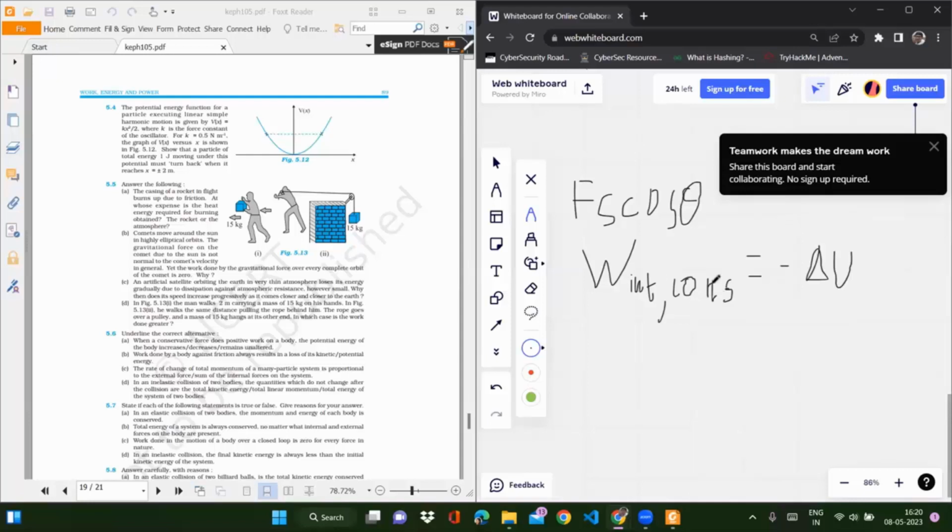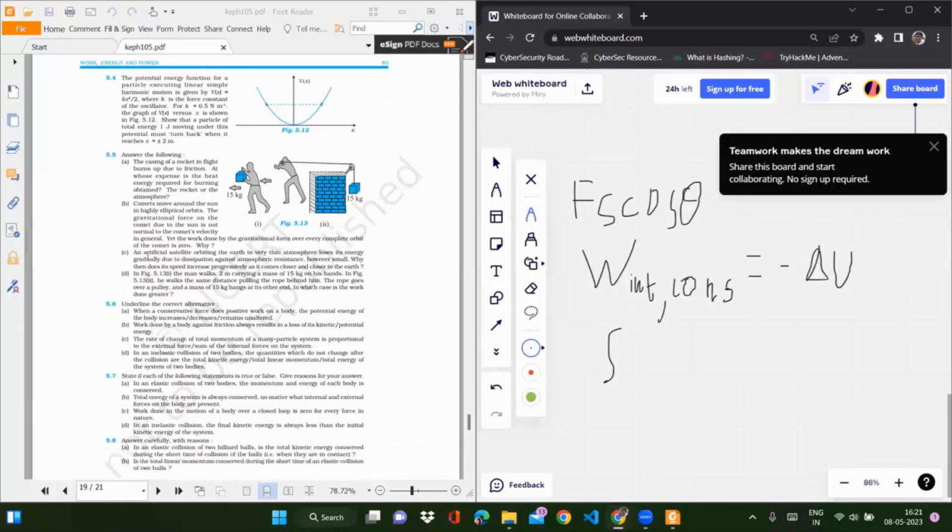It will be zero. Another thing we must know is that as the gravitational force is a conservative force, the integral of a conservative force over a closed path is always zero. That is what the definition says for a conservative force. So if there is a complete orbit, the net work done by this conservative force will be zero.